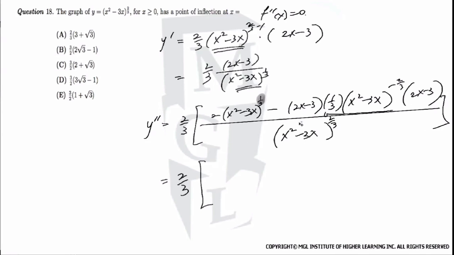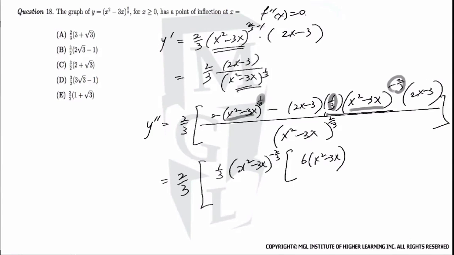Okay, so the best thing for you to do here is to factor out this here with the lower power, which is negative 2 over 3, as well as 1 over 3. That gives us 6 x squared minus 3x.